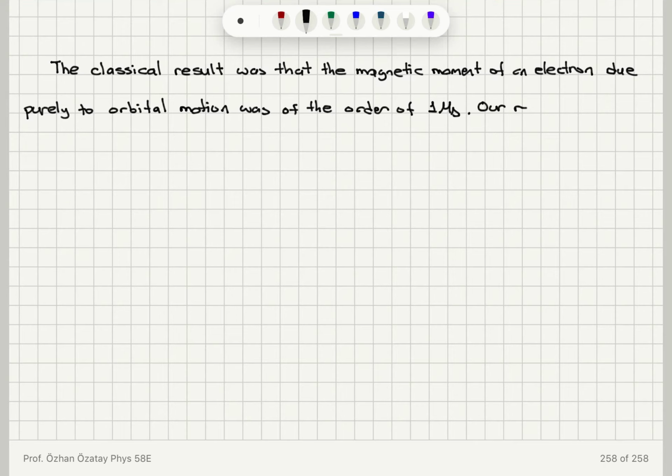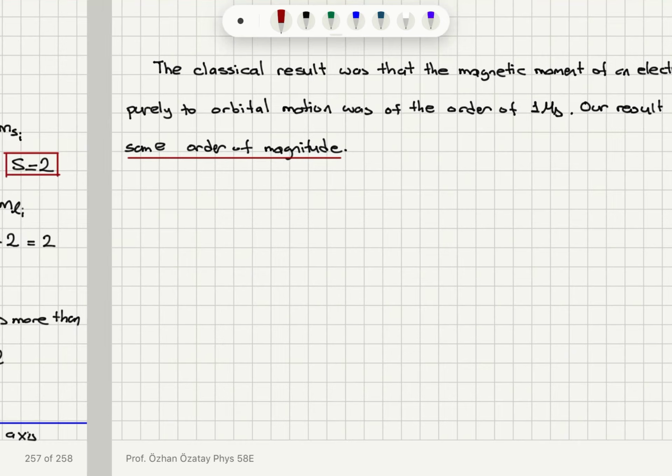And we find that our result has the same order of magnitude. Okay, so that's the comparison. The same order of magnitude is what we find here.